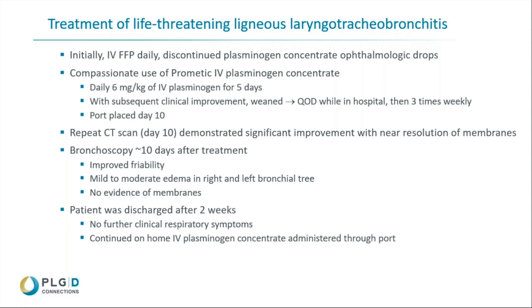Bronchoscopy around the same time demonstrated improved friability, mild to moderate edema in the right and left bronchial tree, and no evidence of membranes. The patient was discharged home after 2 weeks on home IV therapy, since she had no further clinical respiratory symptoms.